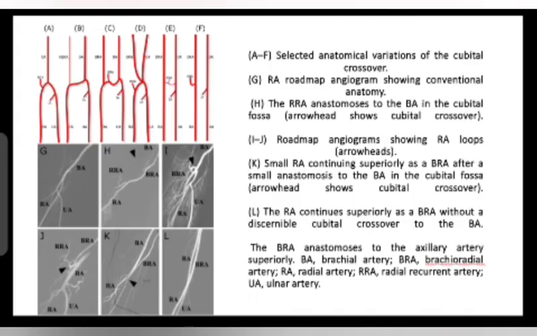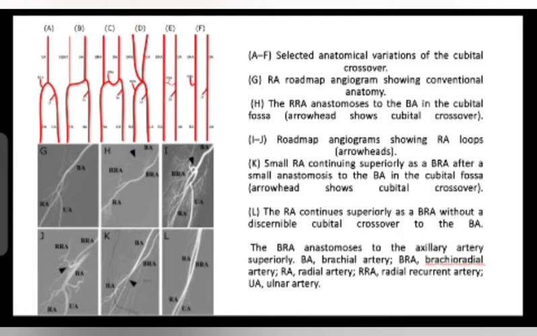The various anatomic variants have been shown in the figure. In cubital crossover from A to F, G shows right radial artery angiogram showing conventional anatomy of the radial artery, H shows the right radial artery anastomosing to brachial artery in the cubital fossa.